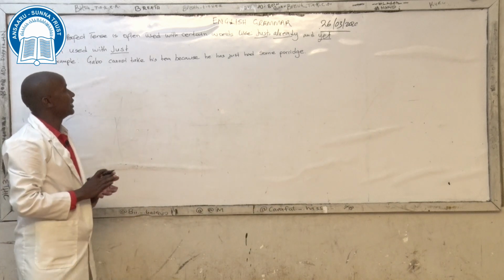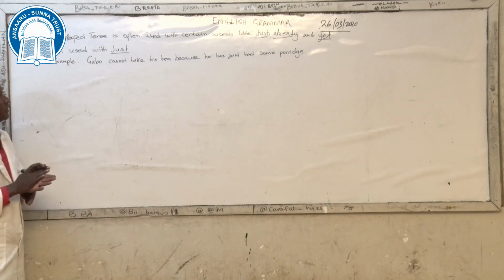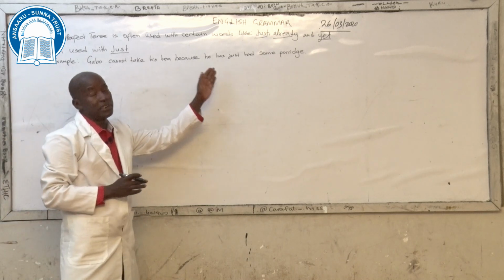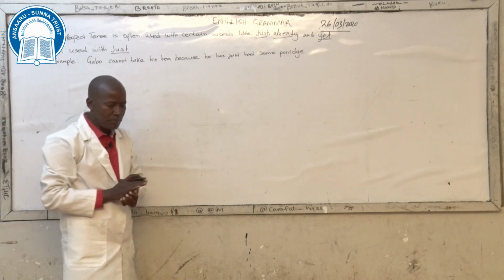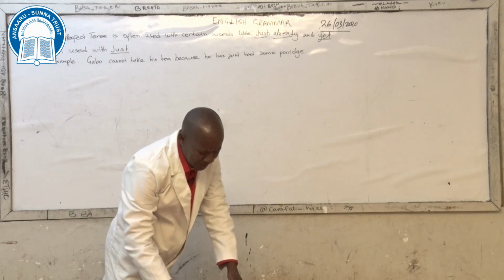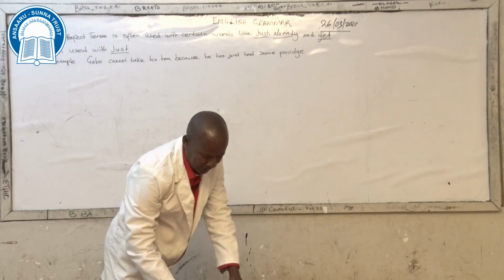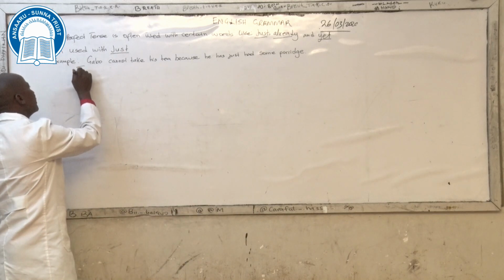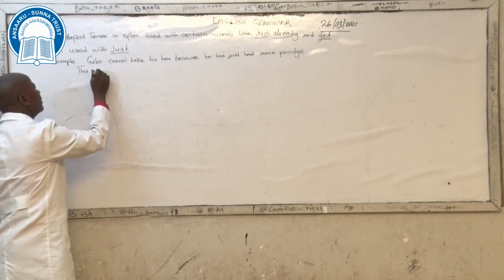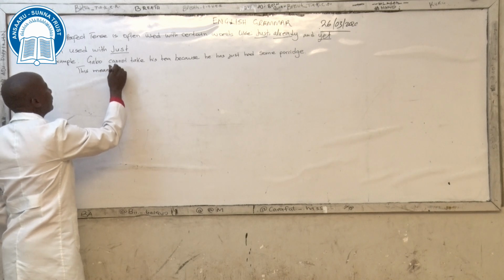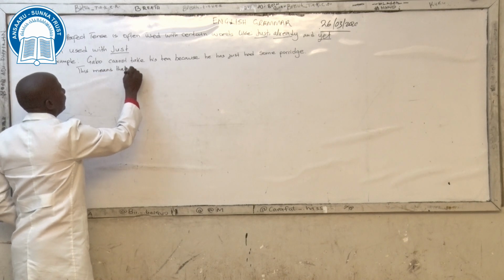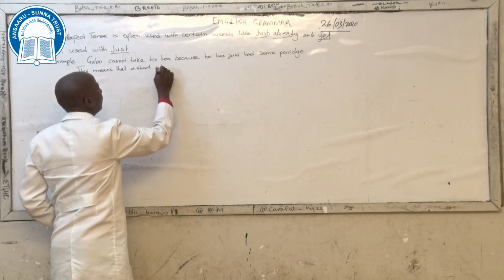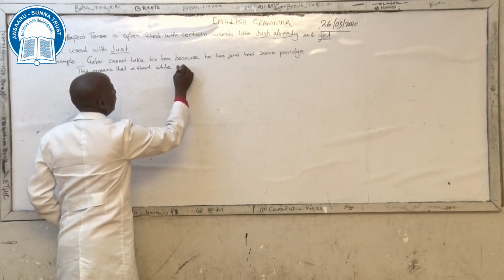Here, you look at that. Gabo cannot take his tea because he has just had some porridge. What does that imply? This means that a short while ago.